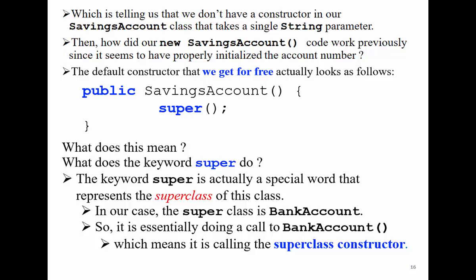You have a question over there? If the bank account does not have a no argument constructor, in this case, it has both. It has argument and no argument, two constructors. So what is your question? This is no argument. We're going to call the no argument constructor from the bank account.